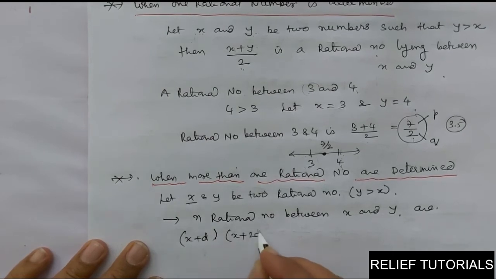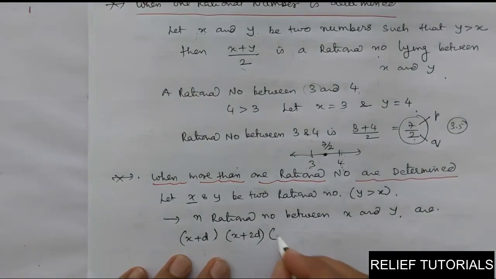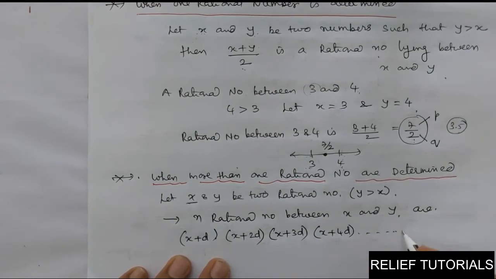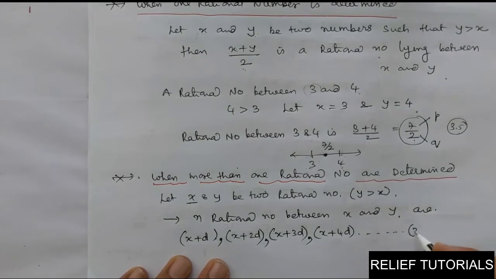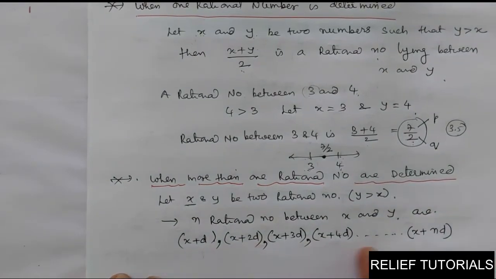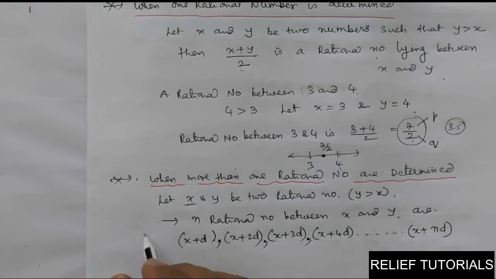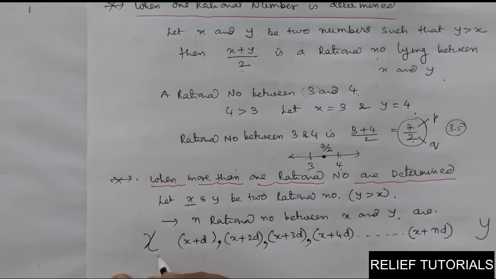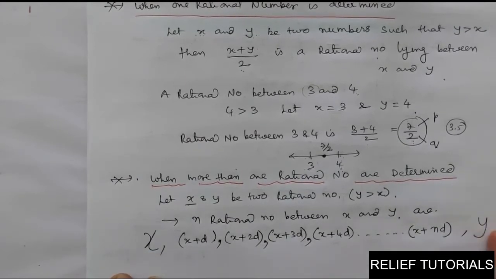Then x plus 2d, the second rational number. x plus 3d, x plus 4d, and so on. These all are rational numbers lying between x and y. You want to find n rational numbers, so the last is x plus nd. So these are n rational numbers lying between x and y.